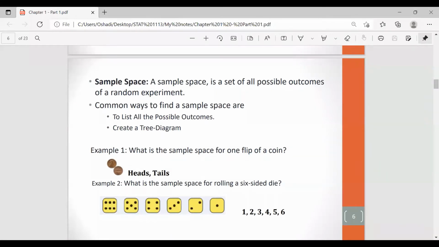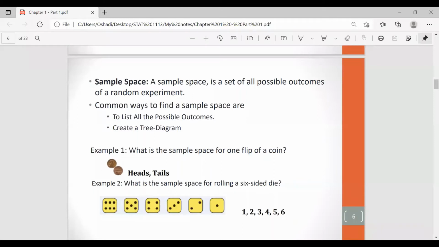Another useful thing is the sample space, right? What is a sample space? A sample space is the set of all possible outcomes of a random experiment, right? So now we know what a random experiment is and we know about outcomes.